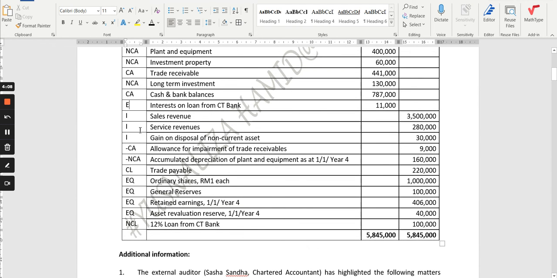The component of income might be the sales revenue, because revenue is part of income. Gain on disposal is other income, and if you have rental income, for example, this is also other income, depending on the nature of the business.